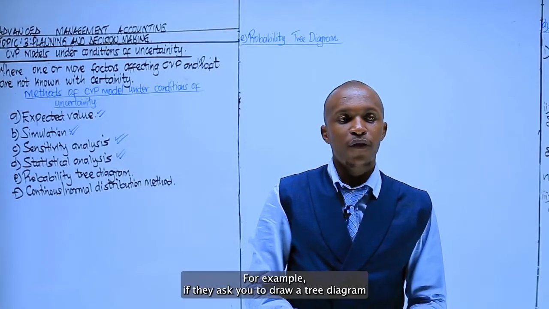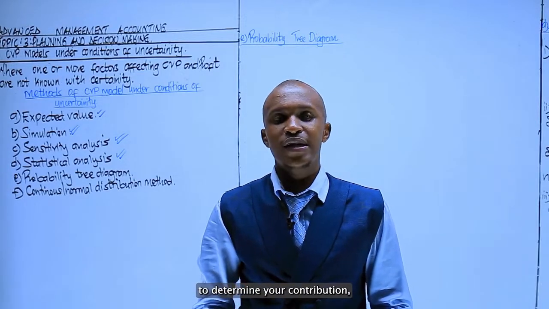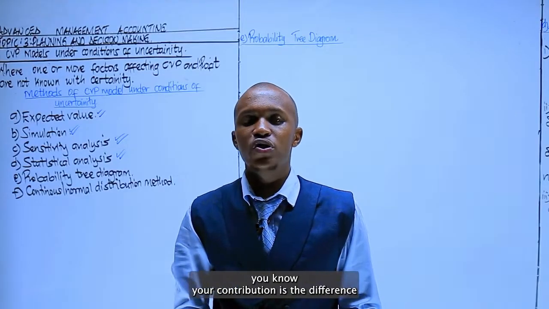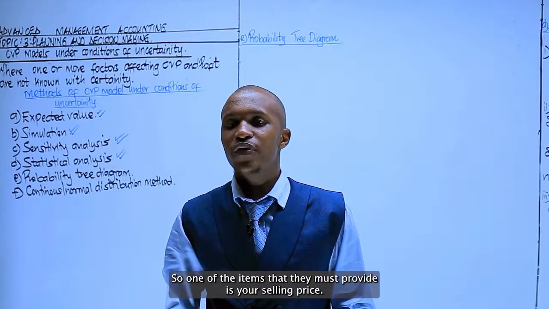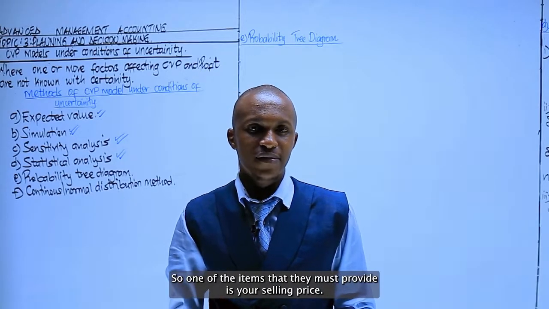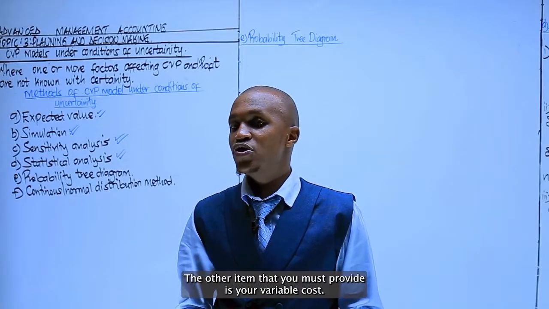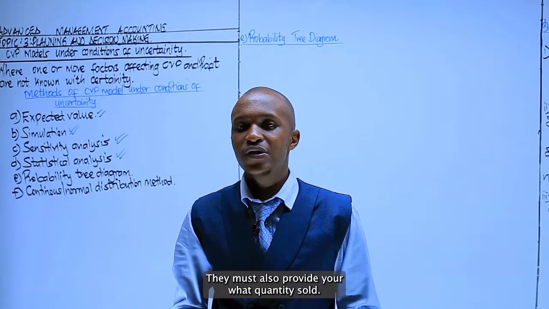For example, if they're asking you to draw a tree diagram to determine your contribution, you know your contribution is the difference between your selling price and your variable cost. So one of the items they must provide is your selling price, the other is your variable cost, and they must also provide your quantity sold.